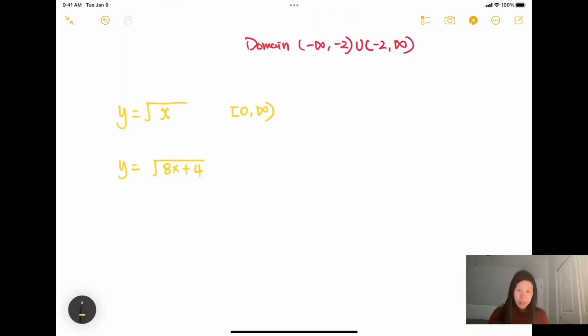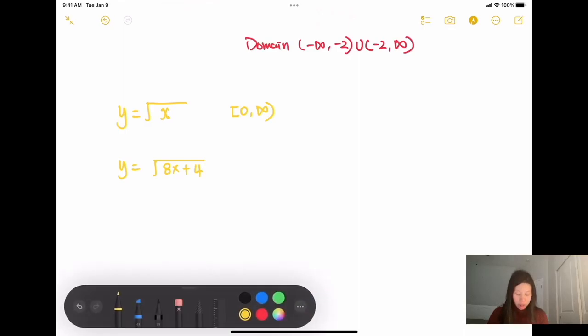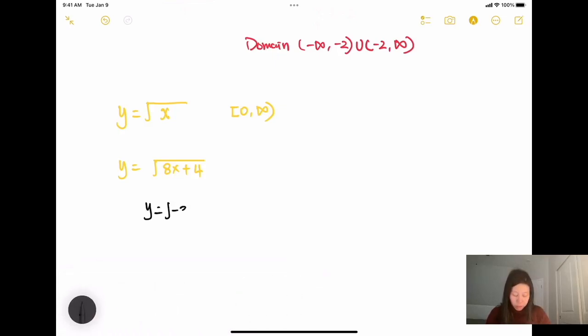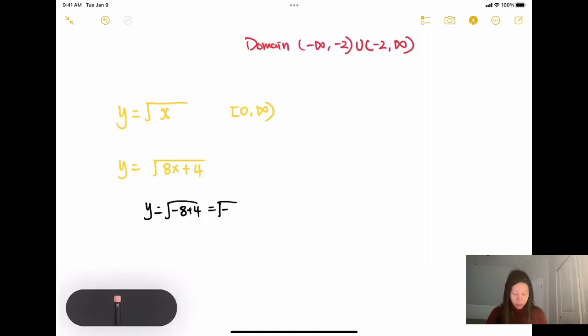So again, can x be negative 1? Let's try it. If x equals negative 1, then y equals the square root of negative 8 plus 4, which is negative 4 under the root. So no, you can't have a negative number in the function. So we keep trying. What about negative 0.1?